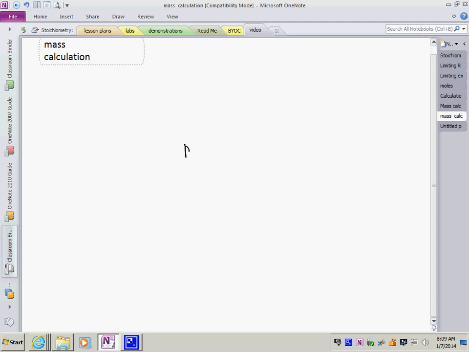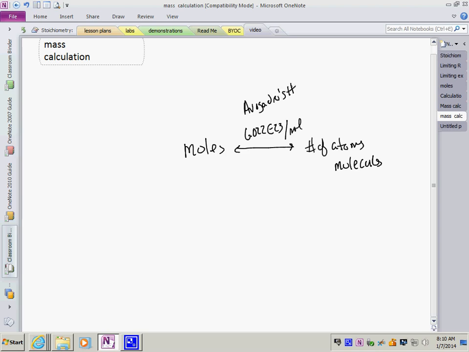We have moles, we have actual number of atoms or molecules. Of course, we know that we can use 6.022 e to the 23rd things per mole, and to make that jump back and forth, that's called Avogadro's number.